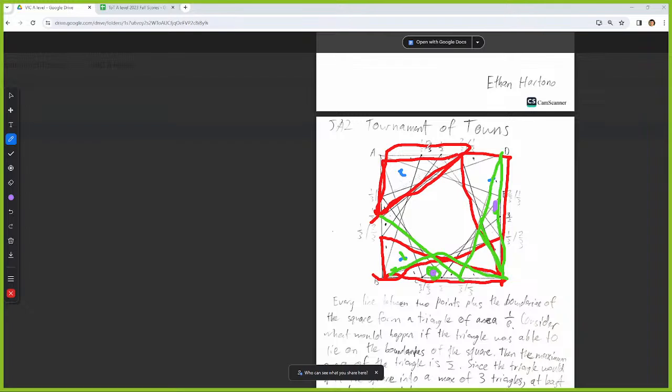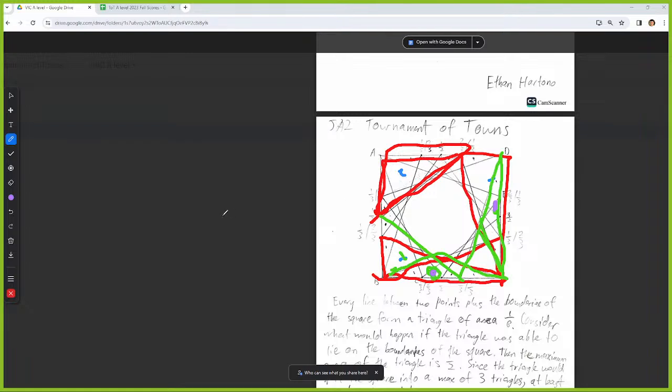But since it's a triangle and not a square, we'll be able to do all the... Yeah, so what makes this argument move is that anytime there's a triangle of area 1/6 that doesn't have any dots in it, that would finish the argument, right? So every time you have that, the dots would have to move so that the triangle had a dot inside it. You know?